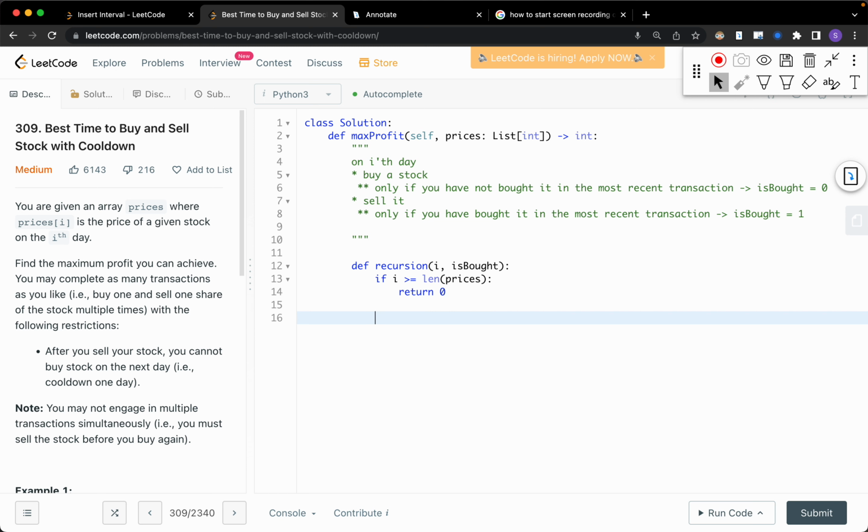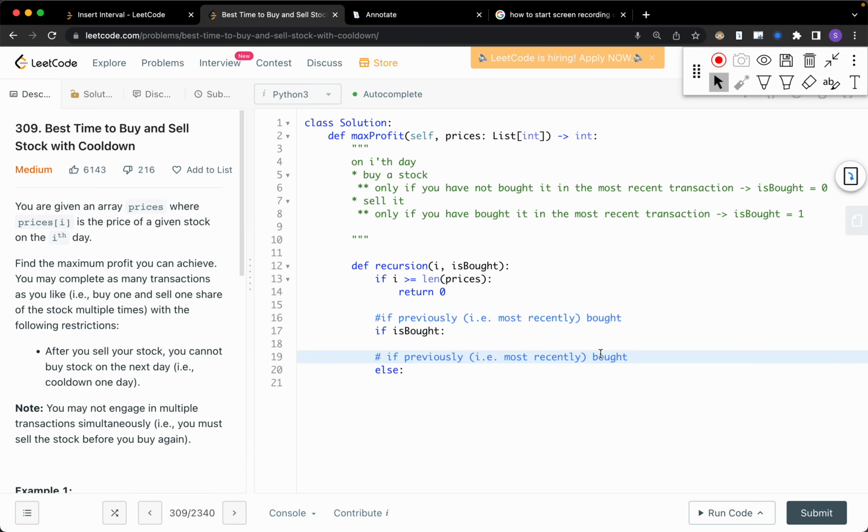Otherwise, we have to check at every step whether we have previously bought any stock as our most recent transaction, right? So I'll do this: if previously, that is most recently, bought, in this case, else case.